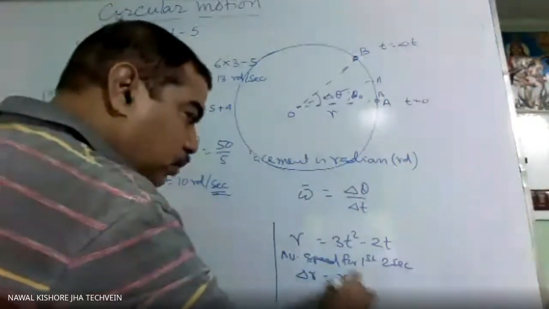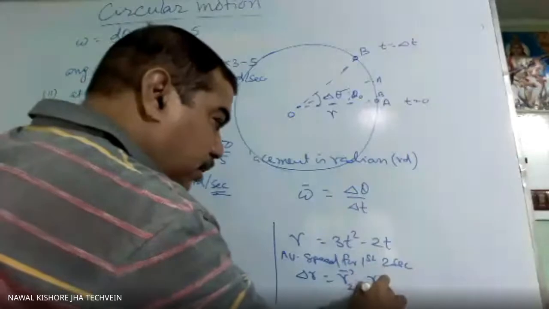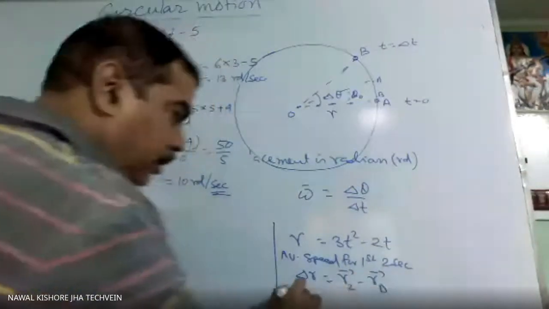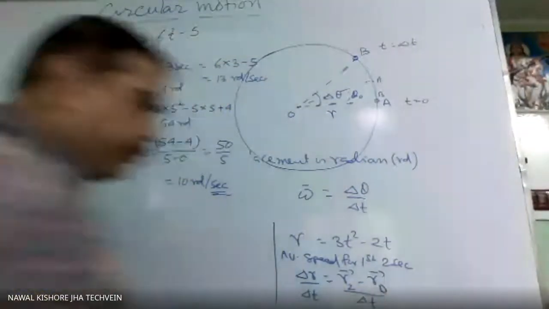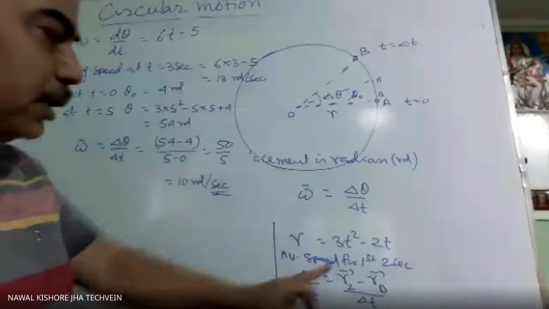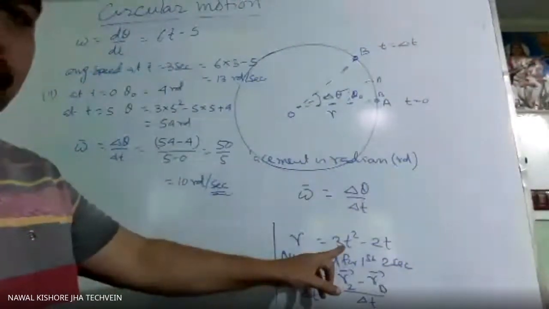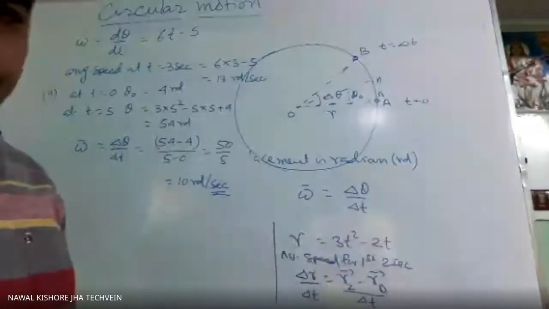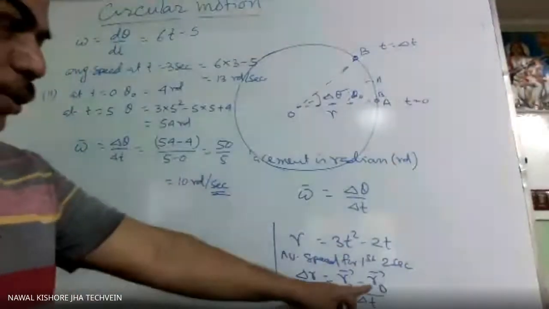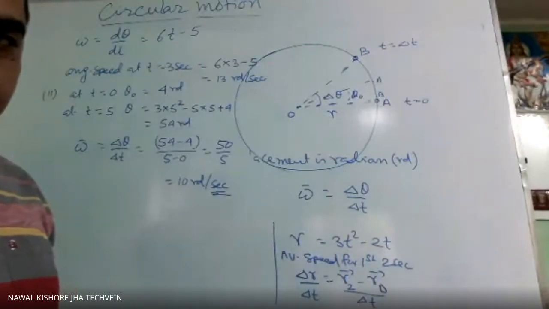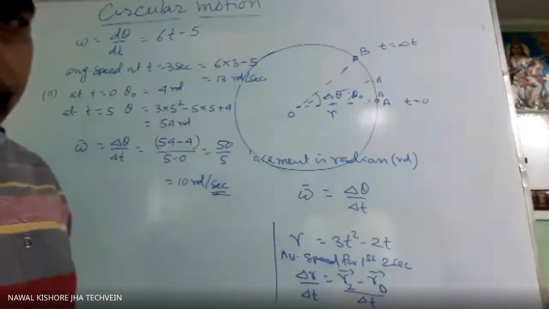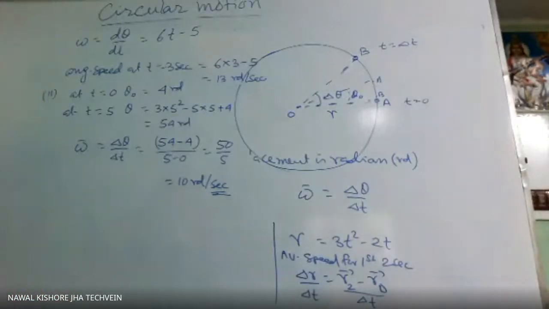The position at 2 second minus the position at 0 second, divided by delta t. The position at 2 second is 3 into 2 square minus 2 into 2. The position at 0 second is 0 only. So this way we find average speed. Did you get it? Yes, sir.